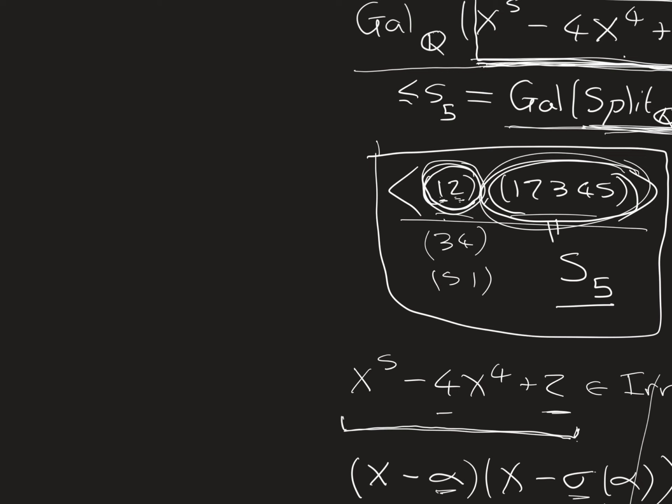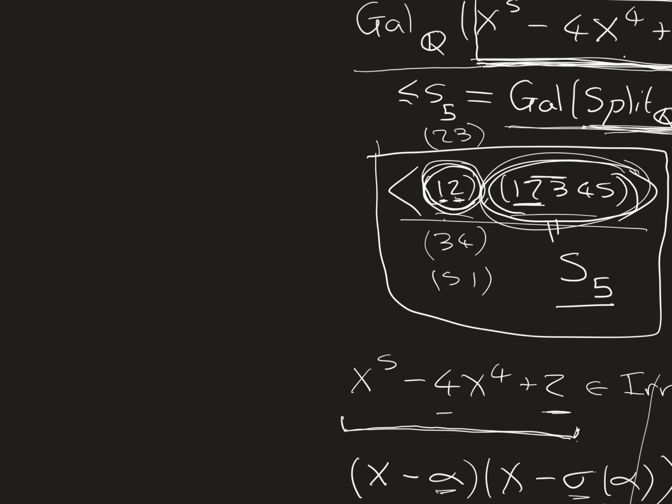So it would send 1 to 2 because this is mapping 1 to 2, and it would send 2 to 3 because this maps 2 to 3. So it would turn it into the transposition (2 3). And you would have to do this the right way round, and off the top of my head, I don't completely remember which way round it has to be. I think we could work it out.